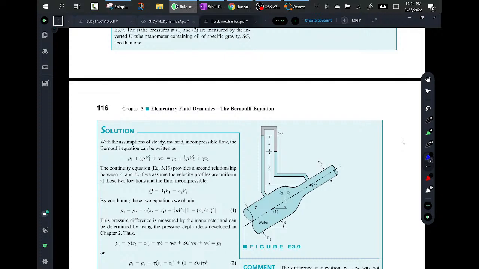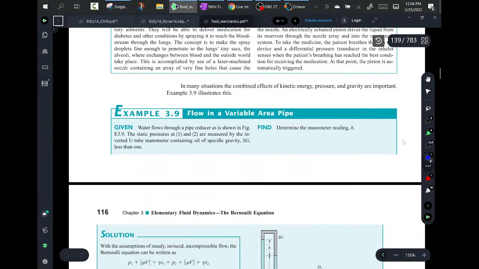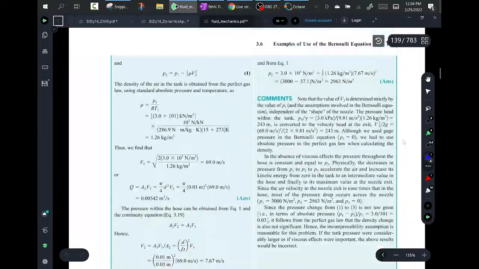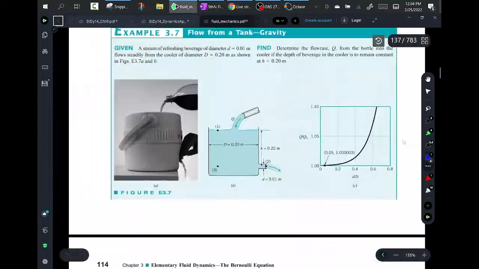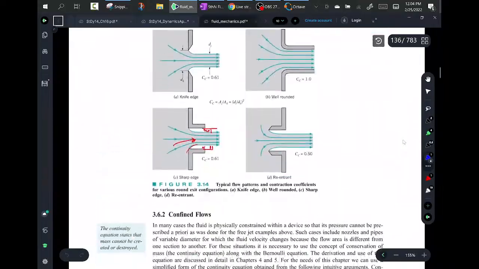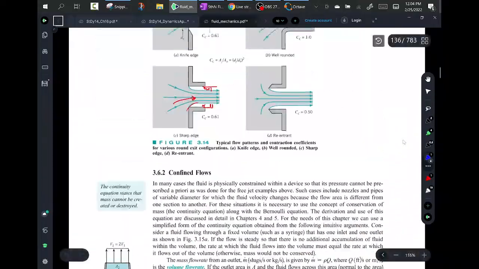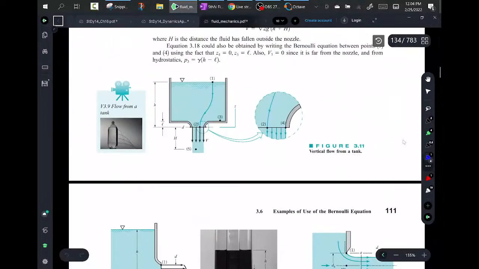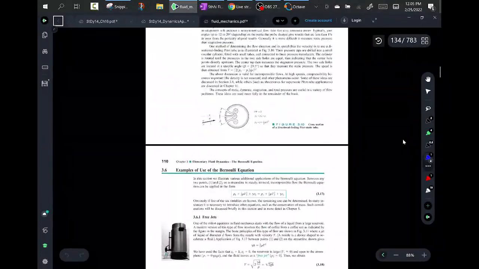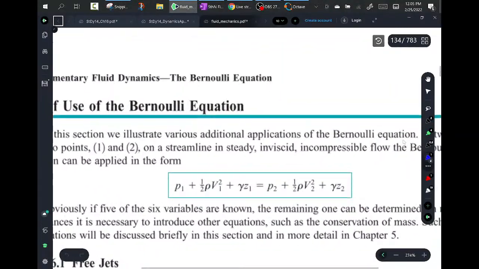Okay, so what I wanted to do today is just kind of review the concept and the problem types associated with Bernoulli's equation. If we review Bernoulli's equation, it sits right here.